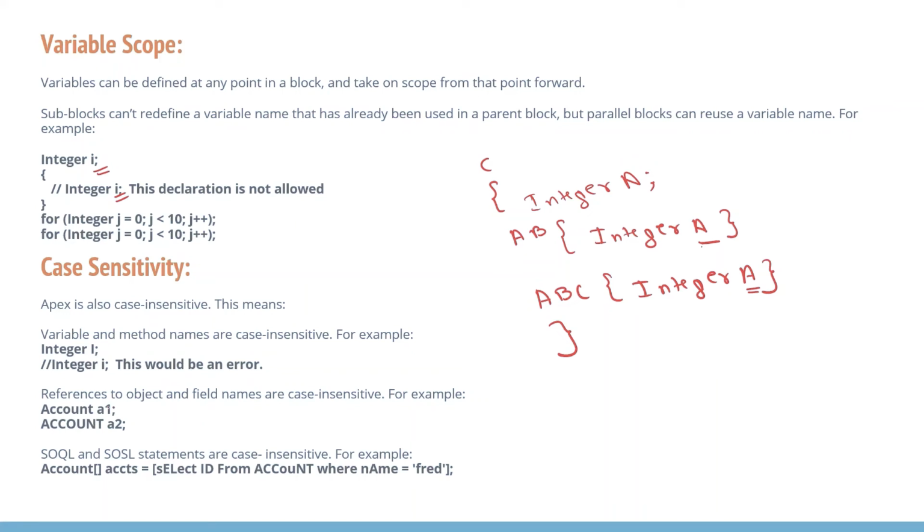For example, account a1, account a2, whether you write in uppercase or lowercase, it doesn't matter. SOQL and SOSL statements are case insensitive. For example, select Id from account where name equals Fred. As you can see, some characters are in uppercase and some in lowercase, but we will still get the exact result we are looking for because it's case insensitive.